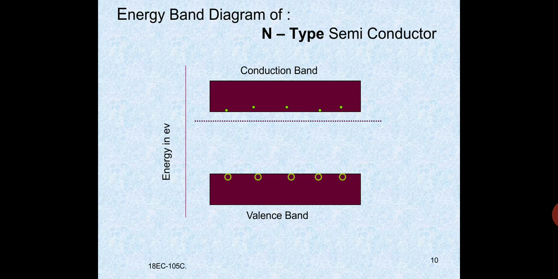And where is the Fermi level? We could see that the Fermi level is standing very close to the conduction band. So we should always remember this point as well for n-type material. That means the Fermi level lies very near to the conduction band in an n-type semiconductor material.